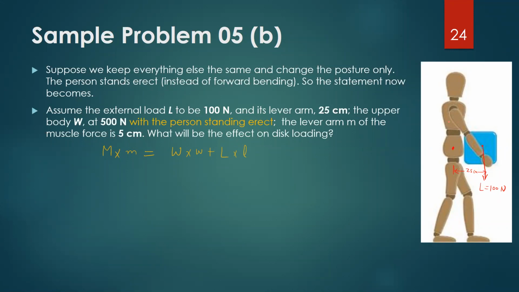Now, what about the weight of the upper body? Now it acts almost exactly at a point that is above this disc. So that was W, and that was 500 newtons. Now its lever arm becomes almost zero. We are assuming it to be zero because practically the center of gravity might not be exactly at the top of this disc, but we are assuming it to be so.